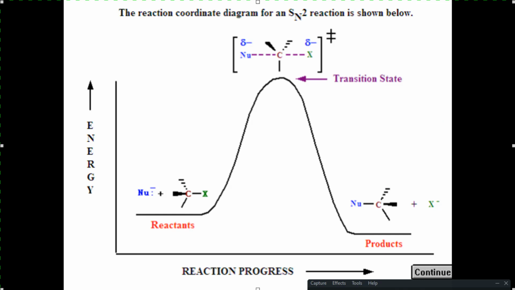This shows you that transition state as we go from reactants to products. Now the energy going to the transition state, from general chemistry, is called the activation energy.